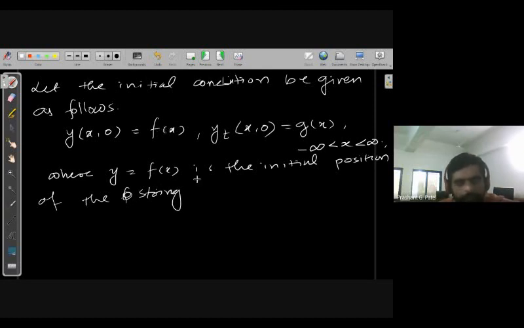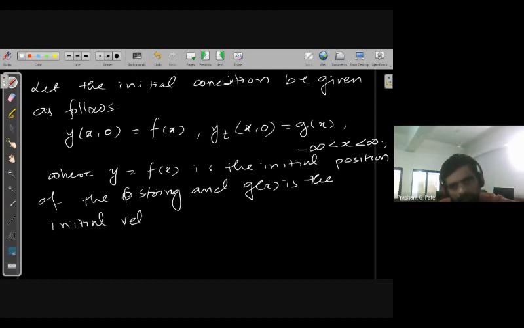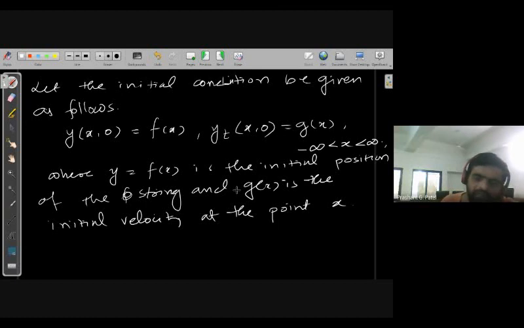So please keep this in mind. And g of x is the initial velocity at the point x. So you have a string which already has some initial velocity, and on that initial velocity we are putting some effort.